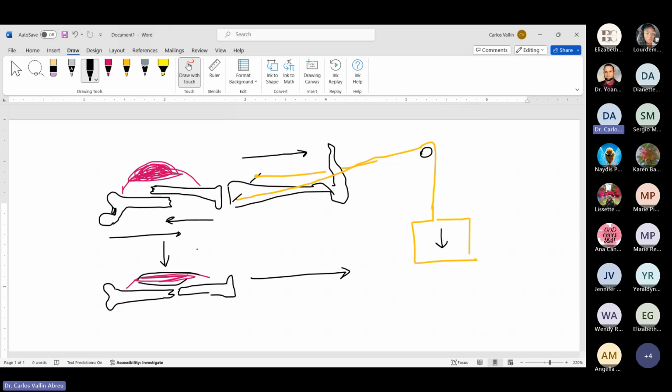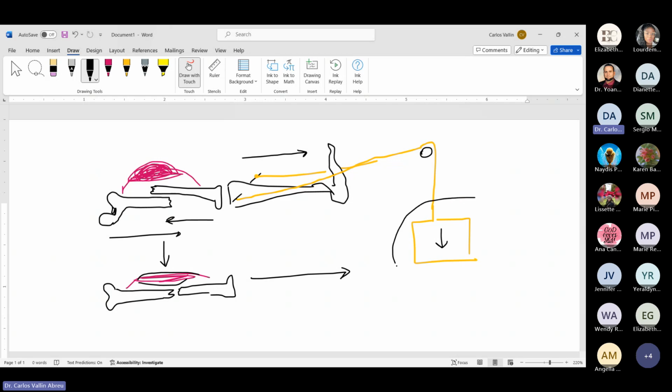So it is to overcome the muscle spasm and realign the bone fragments. This is the answer, more or less, that you need to look for in the options.